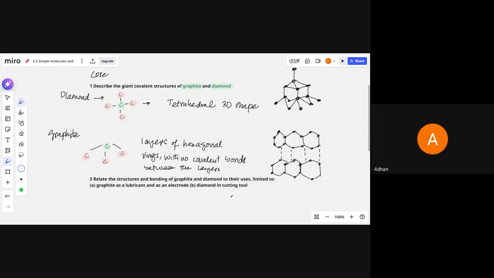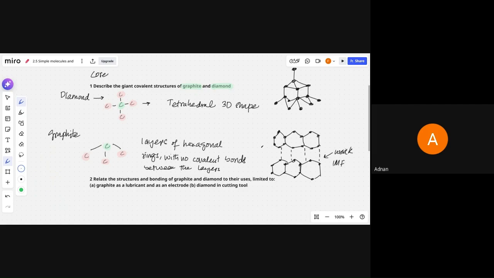Okay, so graphite as a lubricant. This is what I was referring to: because these layers are not held by strong covalent bonds, we have weak intermolecular forces between these layers.